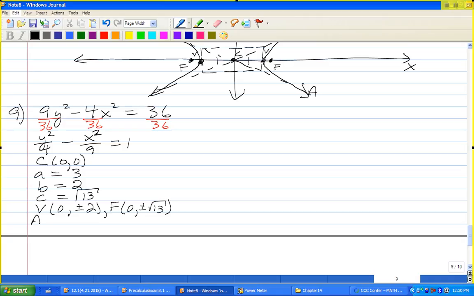The asymptotes will be y is equal to plus or minus 2/3 x, and the length of the real axis is 2 times 2, 4.